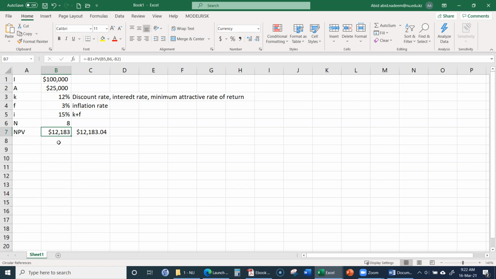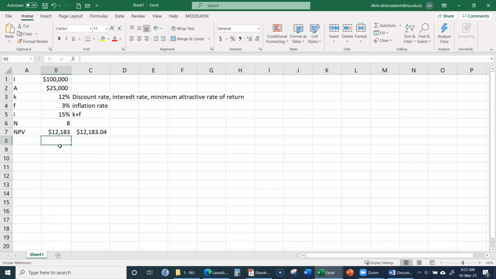Because this net present value is greater than zero, it is a positive value. This means that the project results in a rate of return which is greater than our minimum attractive rate of return. So in this situation, this is a feasible solution.